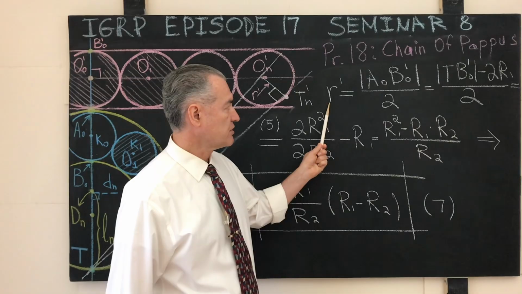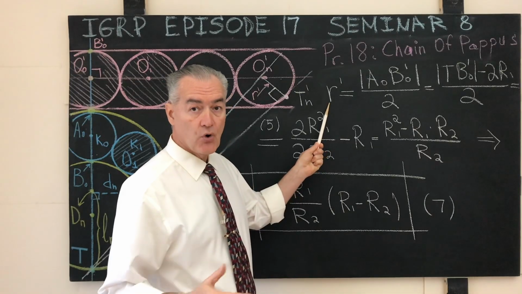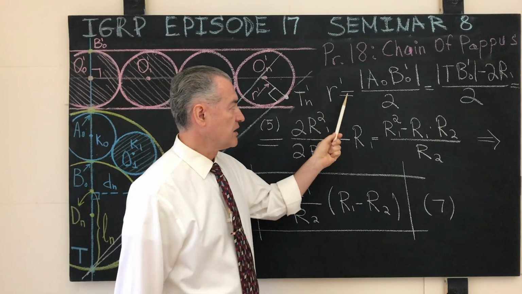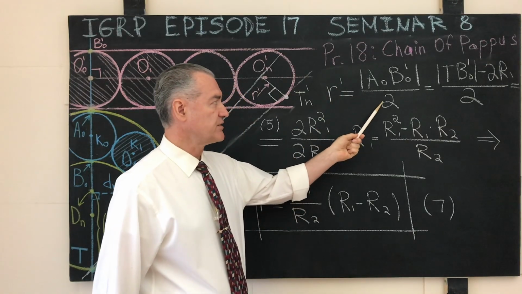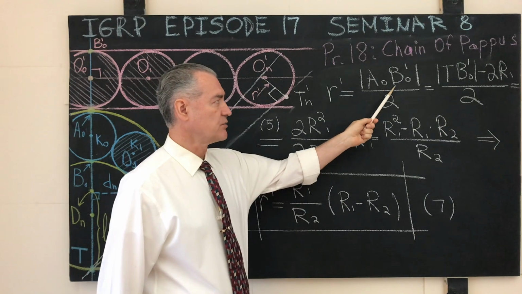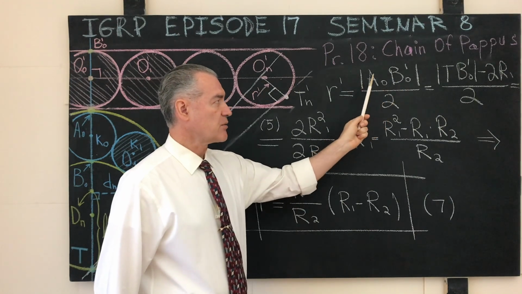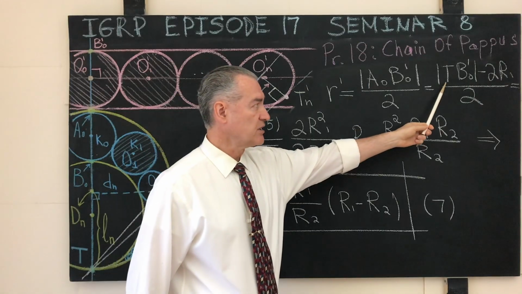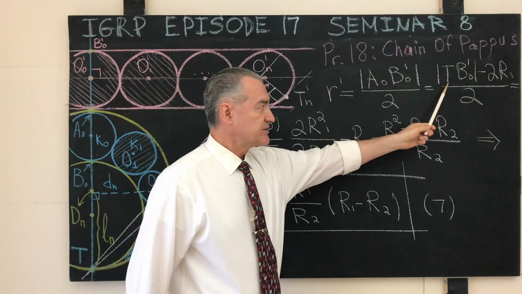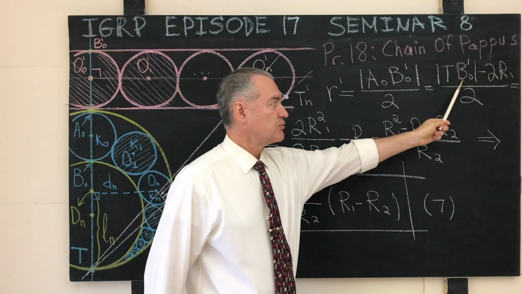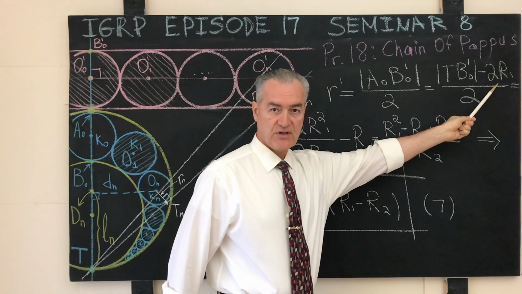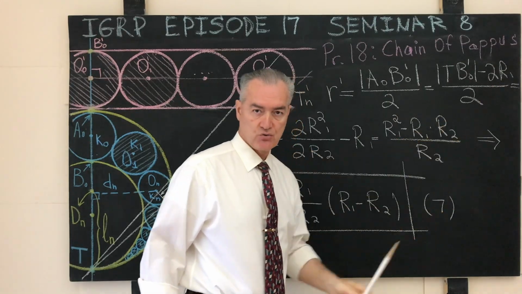The length of the radius of all the inverted circles, to which we refer as R prime, is equal to half the distance between the points A0 and B prime 0. Again, we represent that distance as a compound quantity, as the difference between the distances from the point T to the point B prime 0 and the diameter of the outer generating circle Q1.